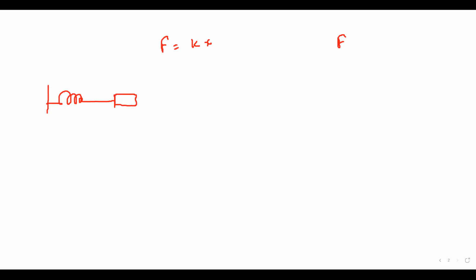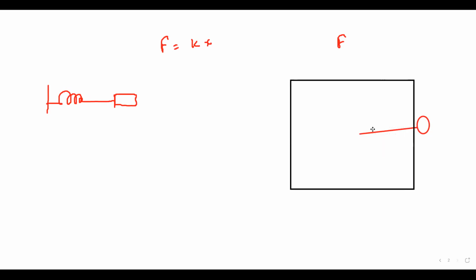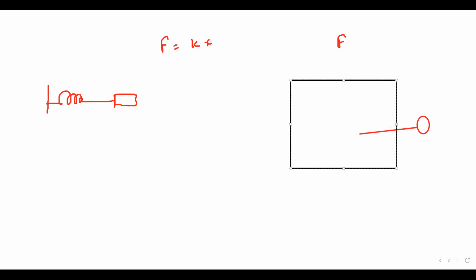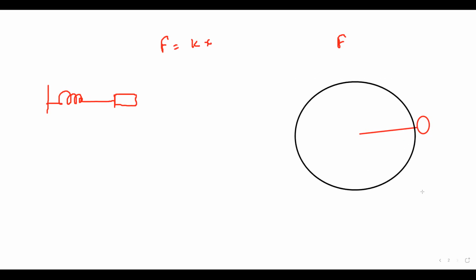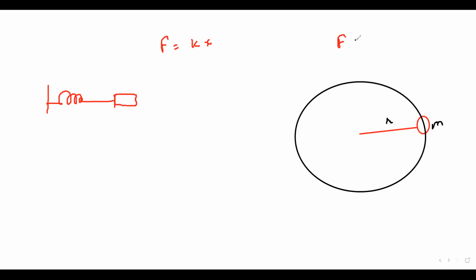So if there is an object which is moving in a circular path, the force, where r is the radius, m is the mass, and omega is the angular speed, is given by m r omega square.